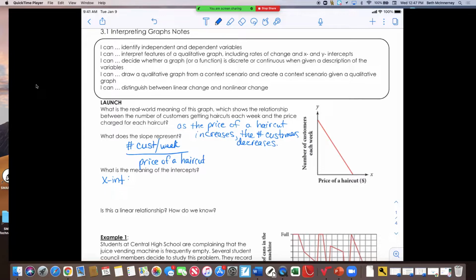The price of a haircut at what? Yeah, so really, wouldn't that be the price of a haircut that nobody's willing to pay for? Right? Okay, so that is the price of a haircut no one is willing to pay.